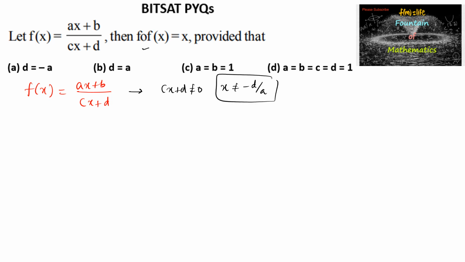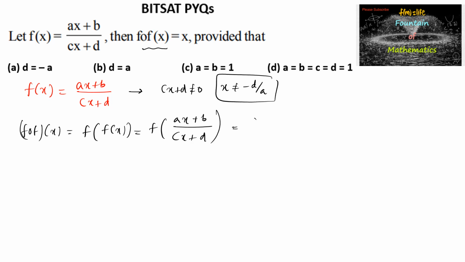And now we need to see the composite function f circle f of x, which is equal to f of f of x, that is f of ax plus b upon cx plus d. Again applying the function here, in place of x we need to substitute ax plus b upon cx plus d.